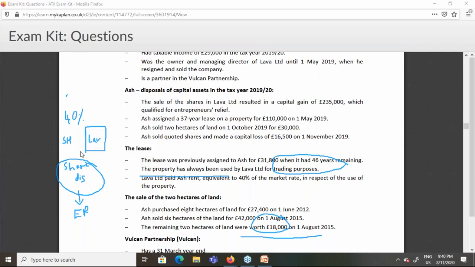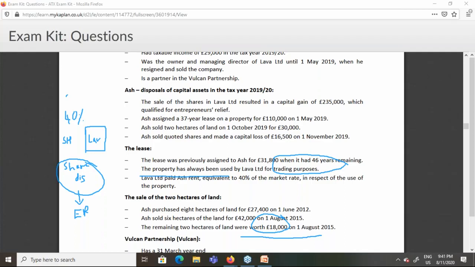If you look at the situation that we have, Ash was the only shareholder of Lava Limited, and Ash allowed Lava Limited to use the leasehold premises owned by Ash. For that, he charged a rent, but he did not charge the full commercial rent. He charged only 40% of the commercial rent.